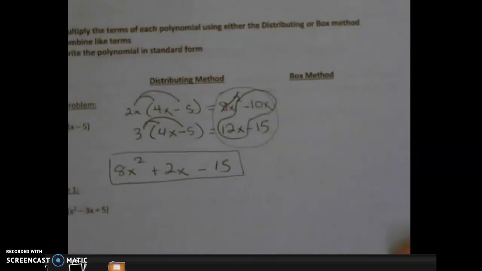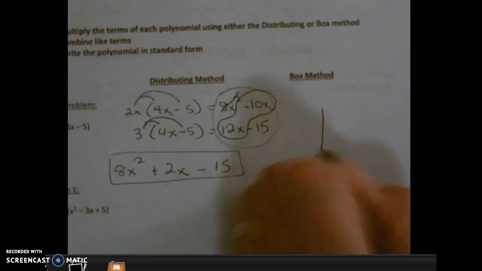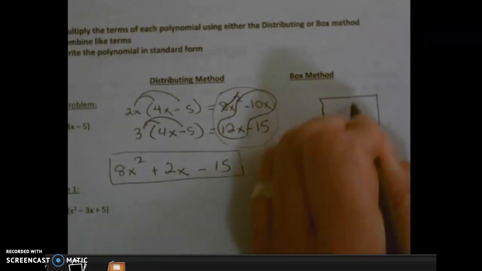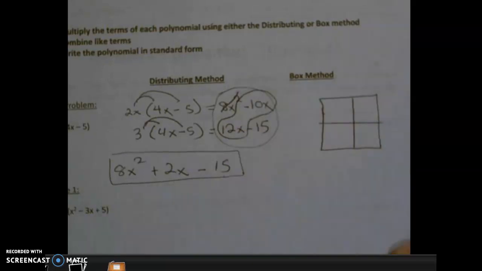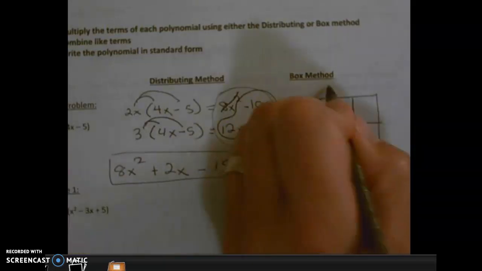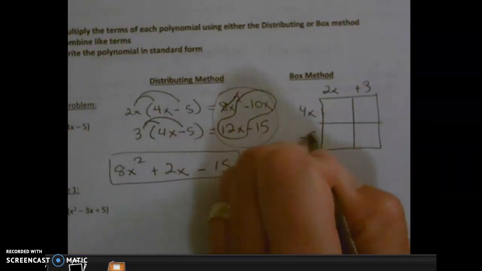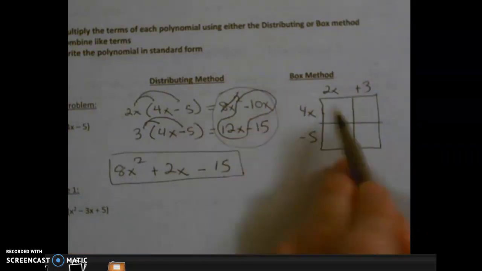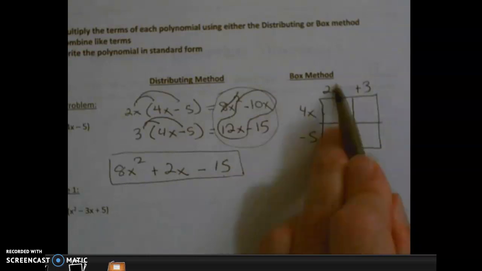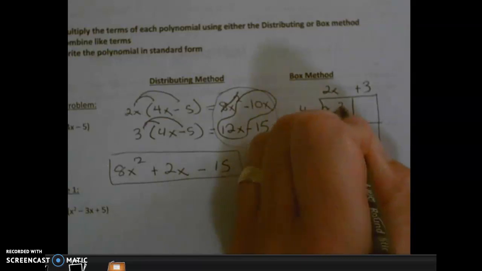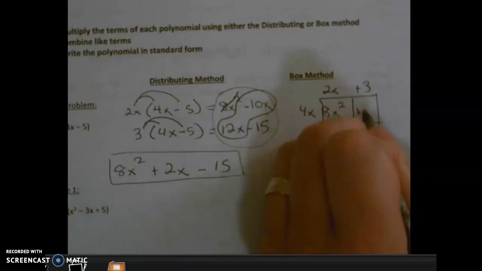Okay, let's take a look at the box method. 2x plus 3 times 4x minus 5. So filling in the boxes, we multiply. So 4x times 2x. This is just a graphic organizer for doing distribution.